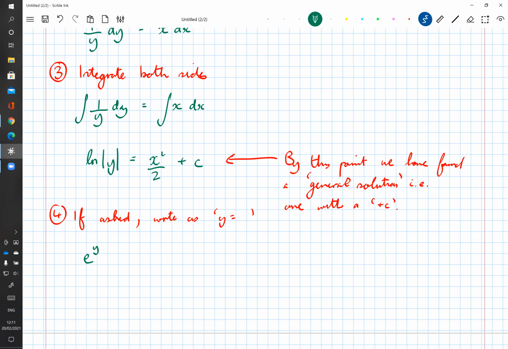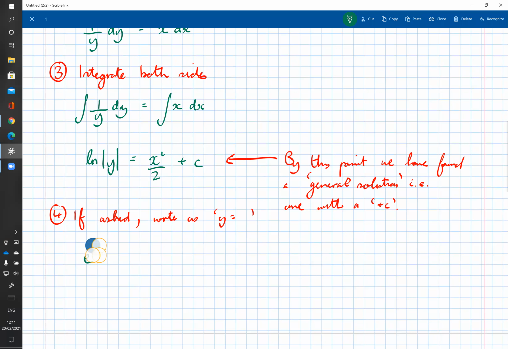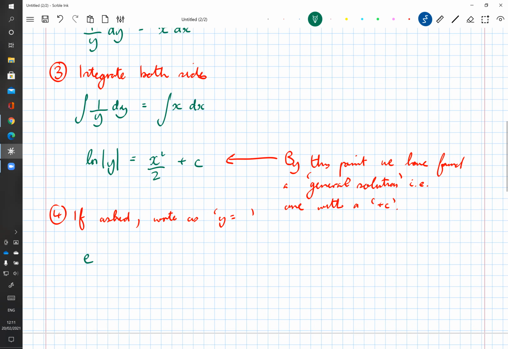It would usually be in terms of time, say. And that should say e to the log mod y equals e to the x squared over 2, and the plus c needs to be in the power.